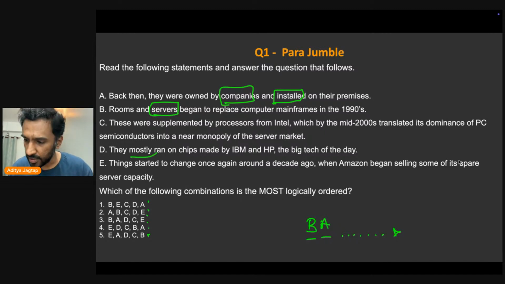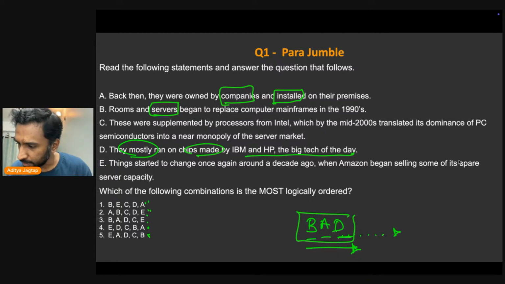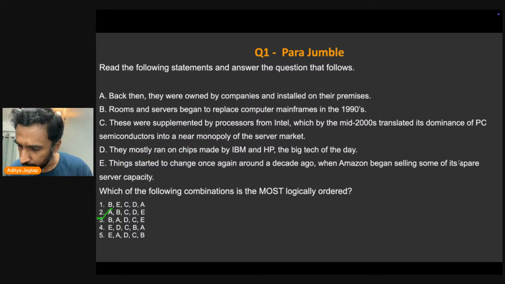These servers mostly ran on chips made by IBM and HP, the big tech of the day, and so on and so forth. So I can make a larger sequence, which is BAD. And I know this entire sequence is talking about servers installed by companies and the time frame. So now that I have this, I can quickly go through the options and eliminate every other option except option C, or except option 3, BADCE, right?